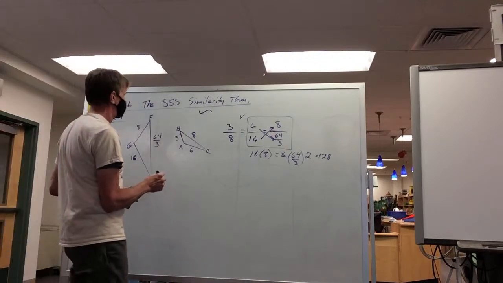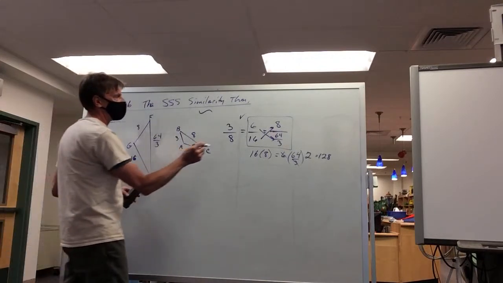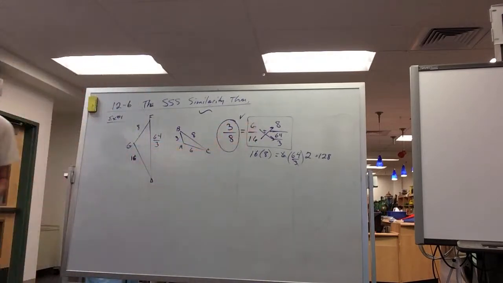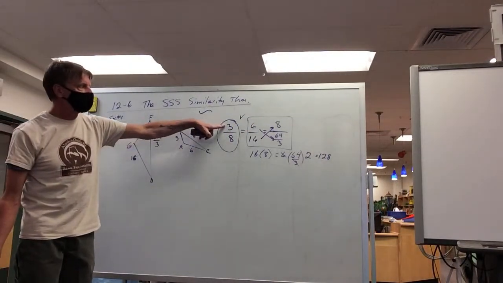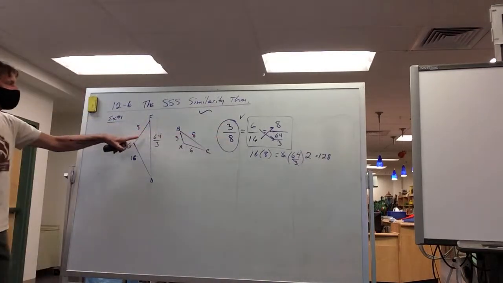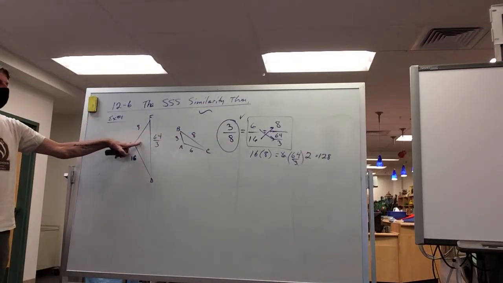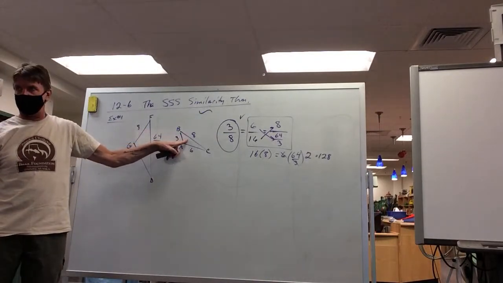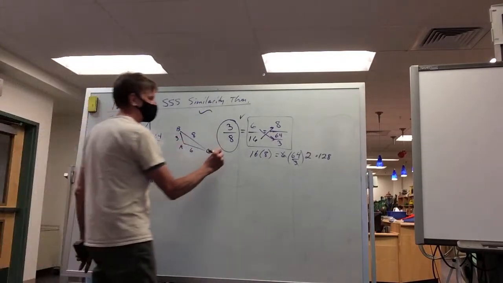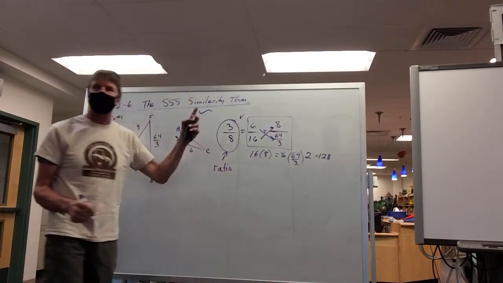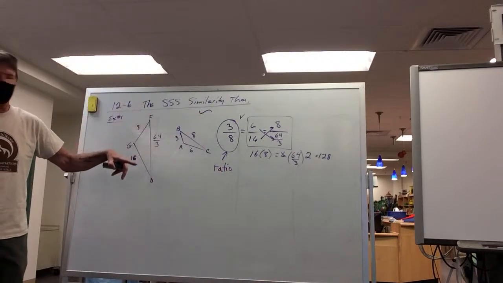So this is the most simplified form of those three fractions, the 3/8. And what we're doing is we're comparing the smaller to the larger. And if we were to start with the larger triangle and create the smaller triangle, that's a ratio of the smaller to the larger triangle.